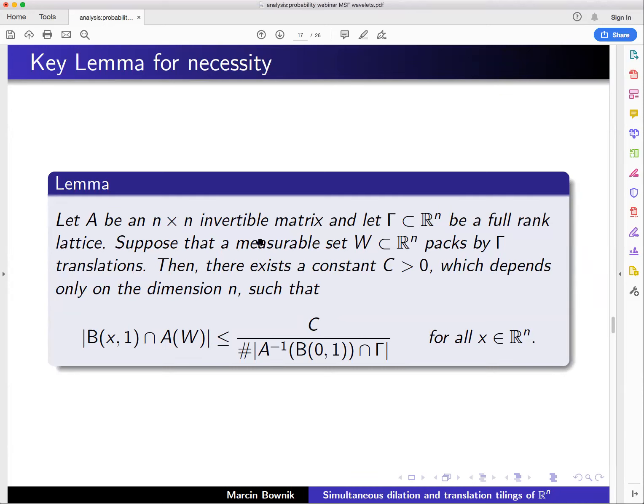Then there is a constant C, which depends on the dimension, a universal constant, so that when you take a ball of radius 1, centered anywhere, and see how much it contains of that set AW, then the Lebesgue measure of this is controlled by the number of lattice points in A inverse of the unit ball. So you take the unit ball, take its inverse under your dilation A, and look at how many lattice points there are. If this is large, this volume has to be small.